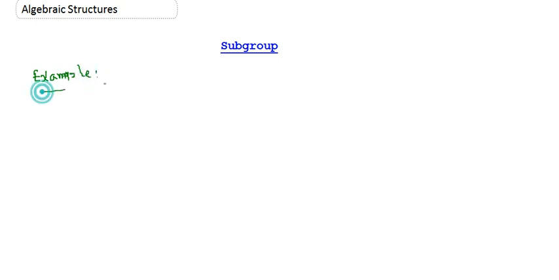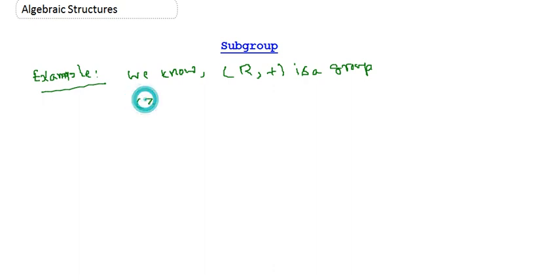So here we have an example. From our previous lecture, we know that the set R of all real numbers with addition is a group. You can easily check that, and you have already done that. The set of integers with addition is also a group.